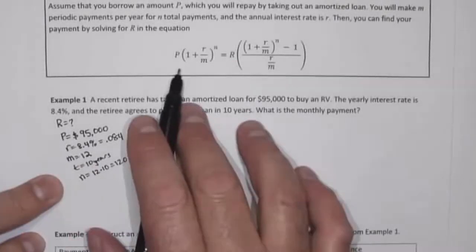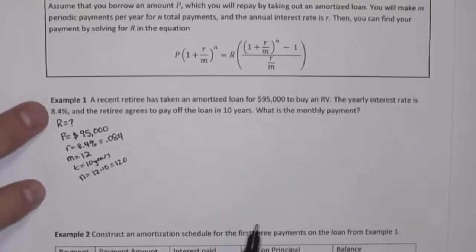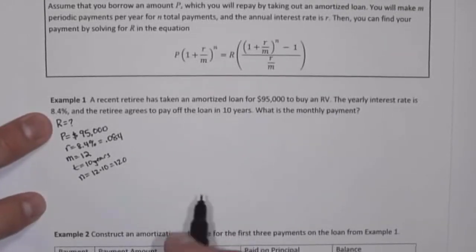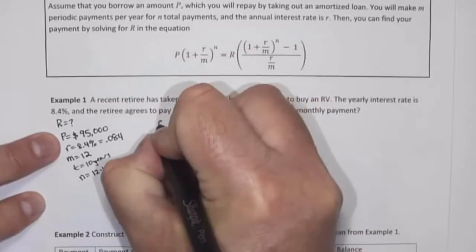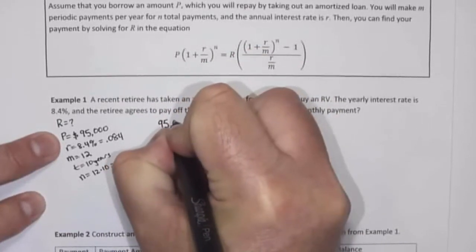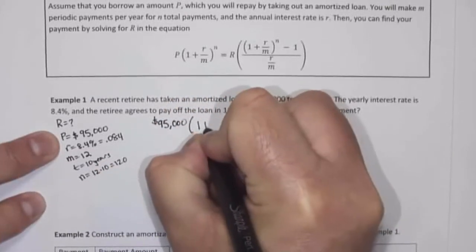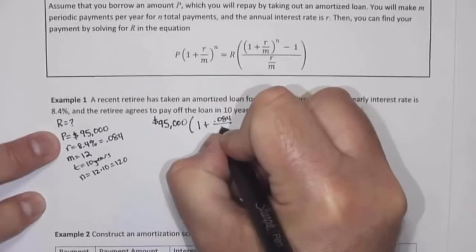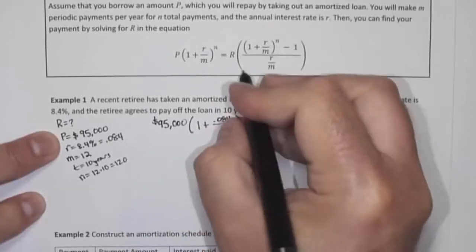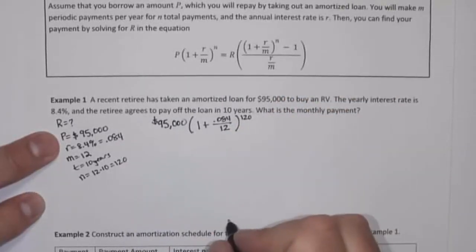So if we fill these values into our formula and solve for R, that will give us what the monthly payment needs to be. Filling it in, the principal is $95,000, times (1 plus 0.084 divided by M, 12), and that gets raised to the 120th power.